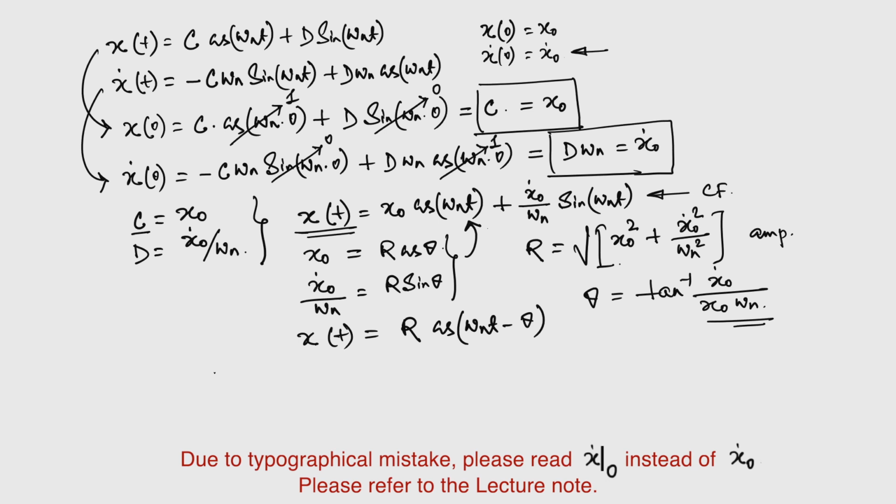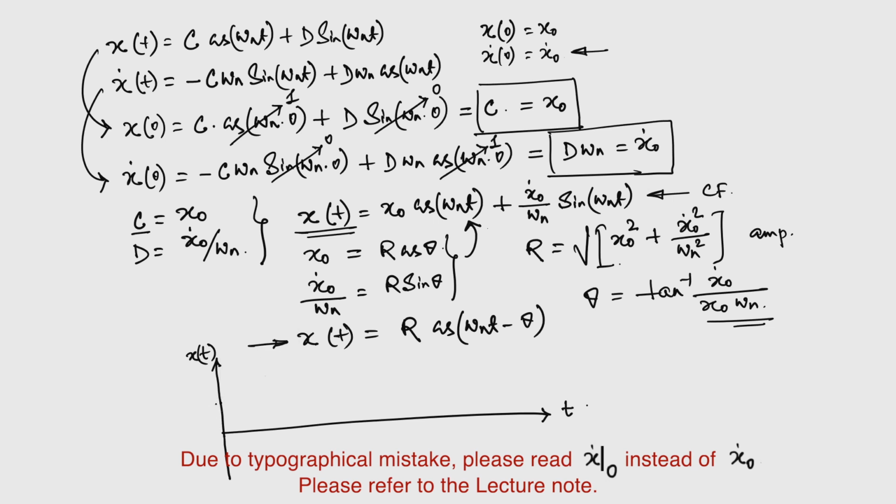So, we have the complete solution for the homogeneous part, and if you look at the solution and plot it, what we will get? This is our x of t, and as time progresses, we will have a response.